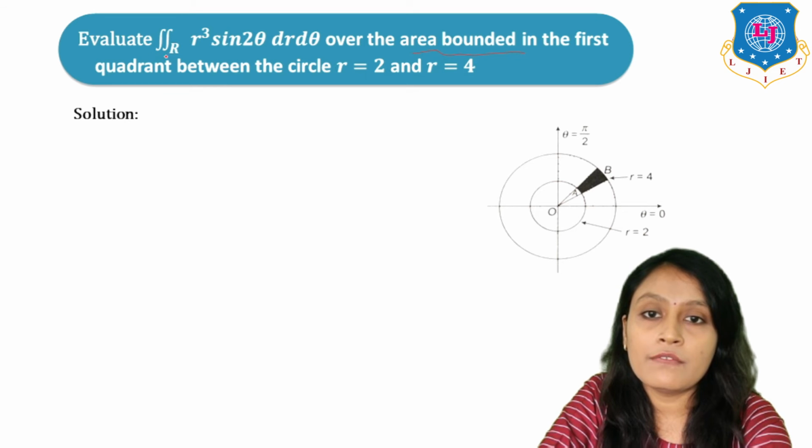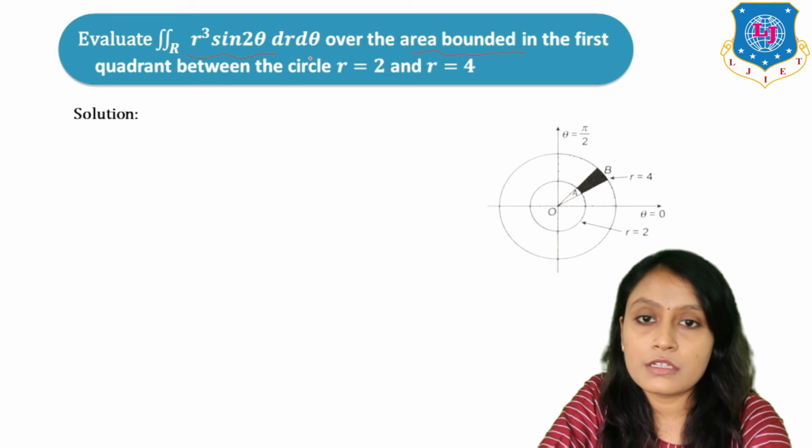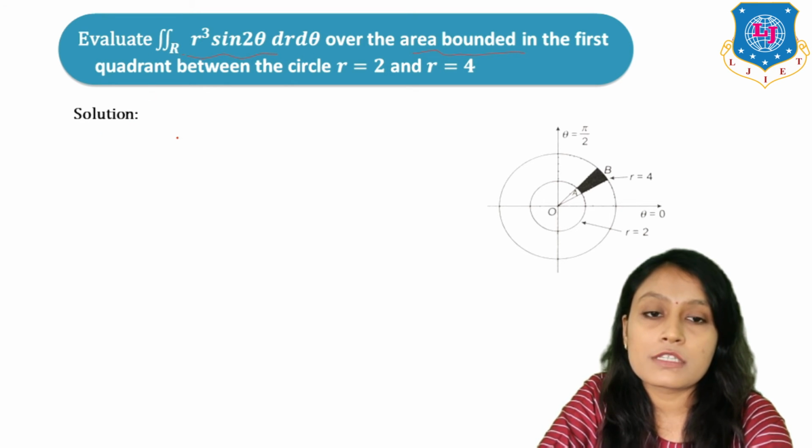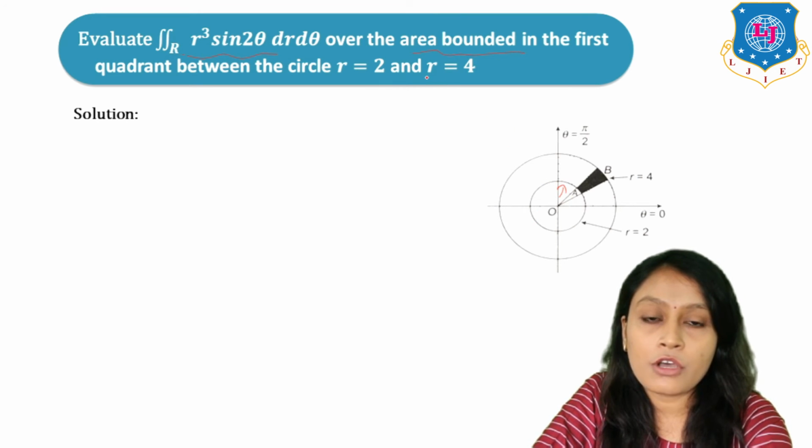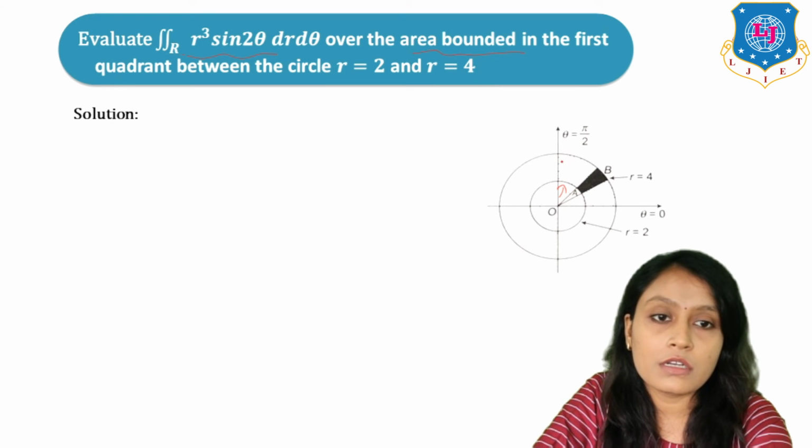Okay, and we have to evaluate this integration, right? So now firstly we will draw the graph. The circle r is equal to 2, so this is your circle with radius 2. And then we will draw r is equal to 4, so the circle with radius 4.